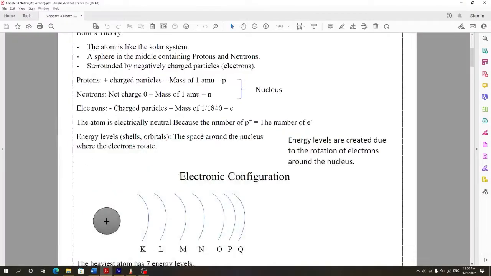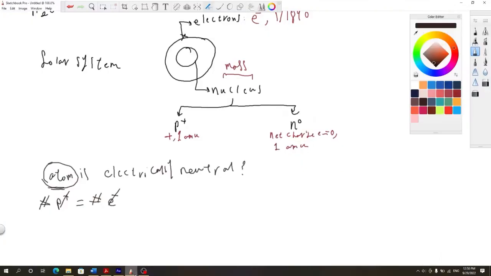Now let's discuss another concept, and that's energy levels, or energy shells, or orbitals. Energy shells are the space around the nucleus where the electrons rotate. Okay, so these are called energy shells or orbitals.